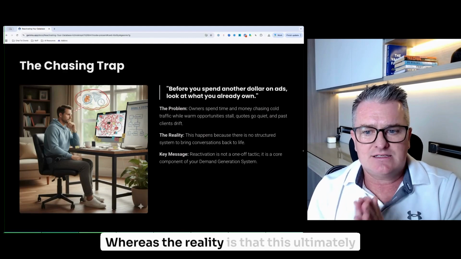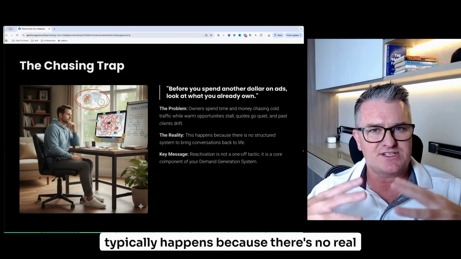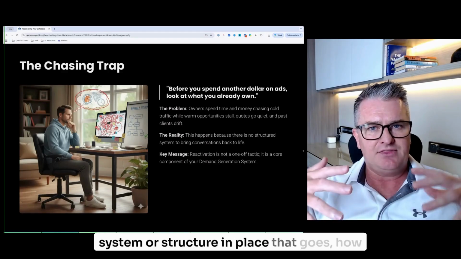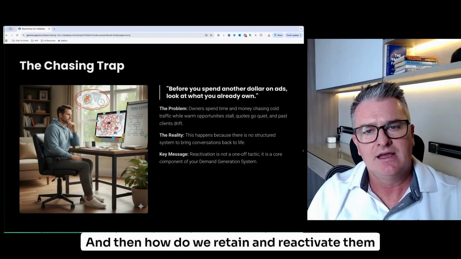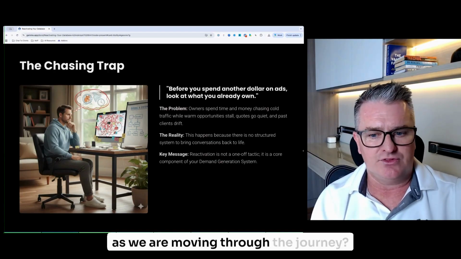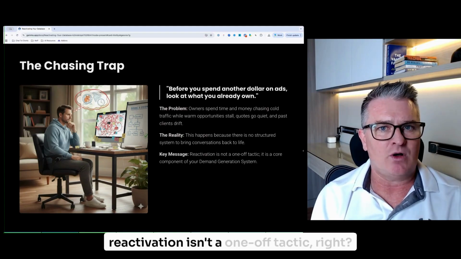Ultimately this typically happens because there's no real system or structure in place that goes, how do we bring them in and then how do we retain and reactivate them as we are moving through the journey? So I want you to really think about this: reactivation isn't a one-off tactic.